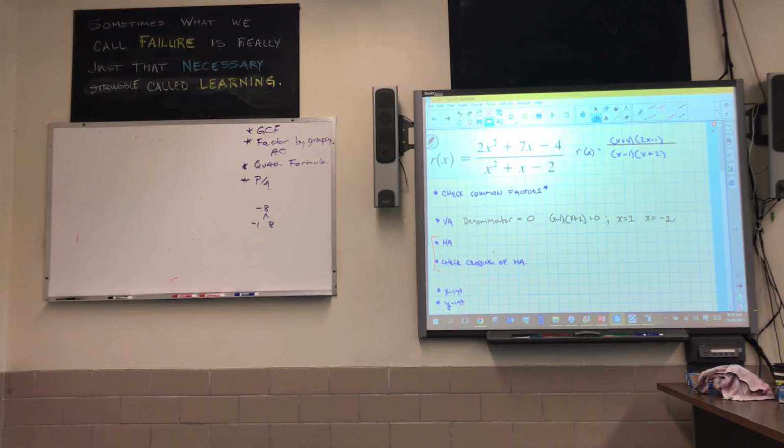Everything else is understanding how your values of x are impacting your function. Okay? The next thing we're going to do is find a horizontal asymptote. Okay? Remember, a horizontal asymptote is a three-part process, or you've got three options, and it's all dependent on the leading degrees. Okay? So we're going to compare leading degrees.